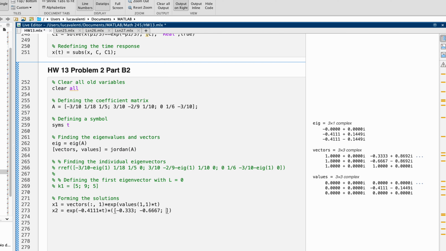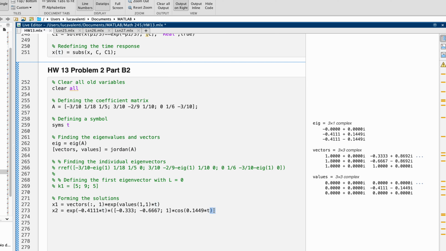semicolon, this is the second entry, third entry is 1, that's my vector, multiplied by the cosine of the imaginary part of the value, which is 0.1449 times t.